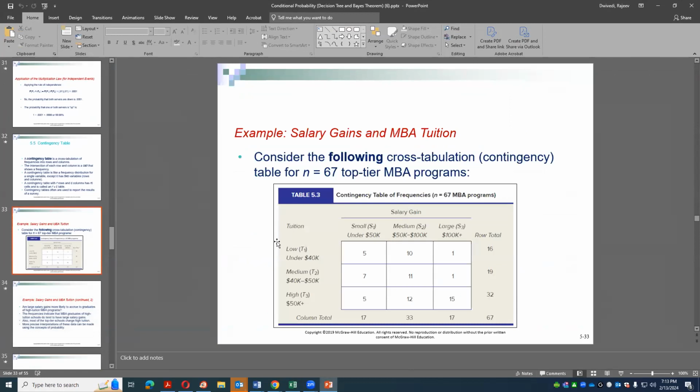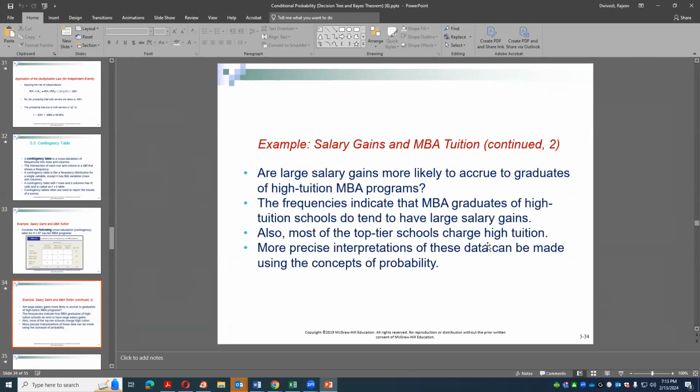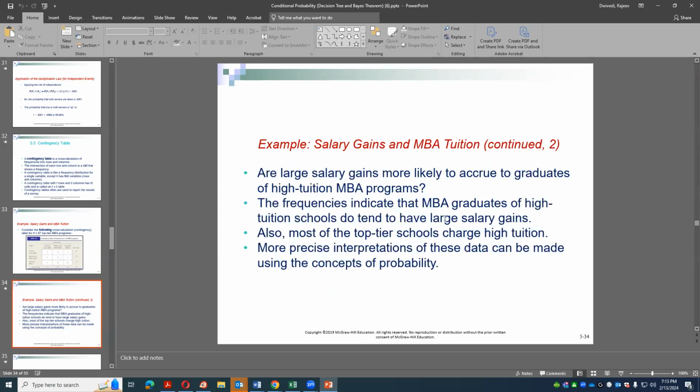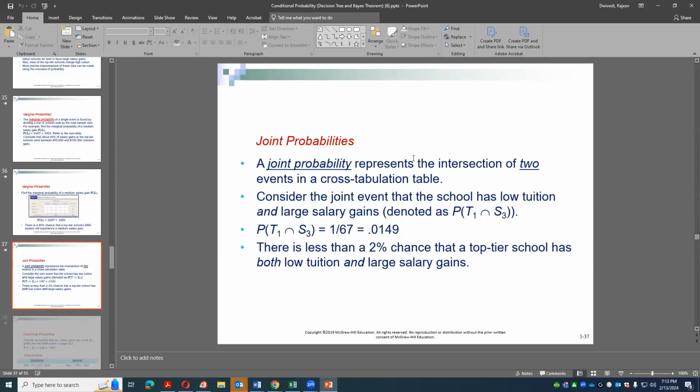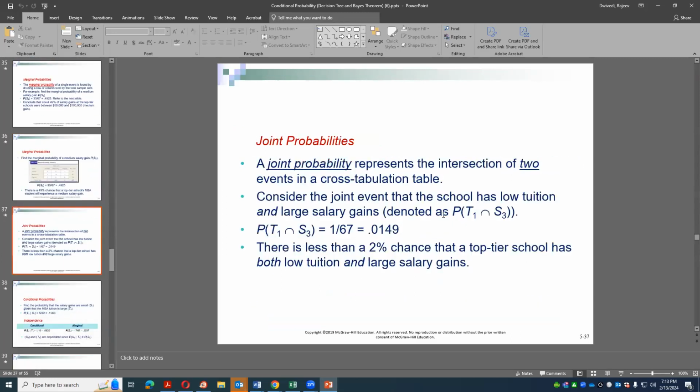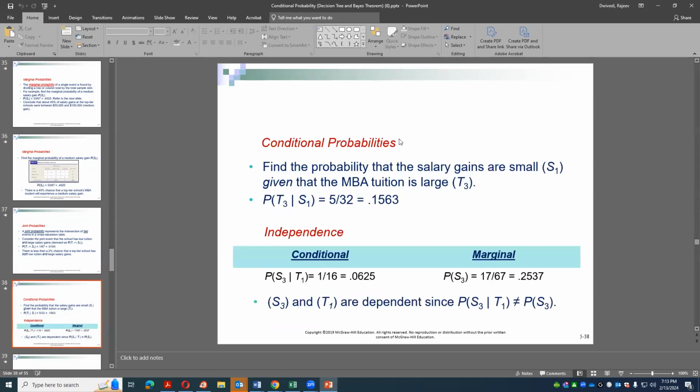Contingency table, I already explained to you what a contingency table is. A contingency table is nothing but a cross tabulation. There's one slide which is not correct, and that is a publisher problem.